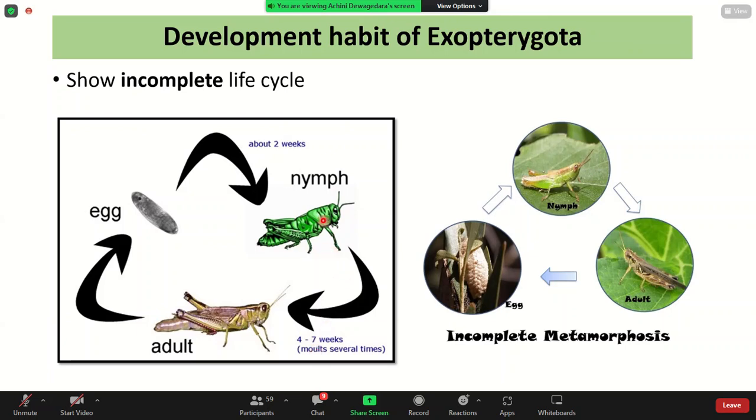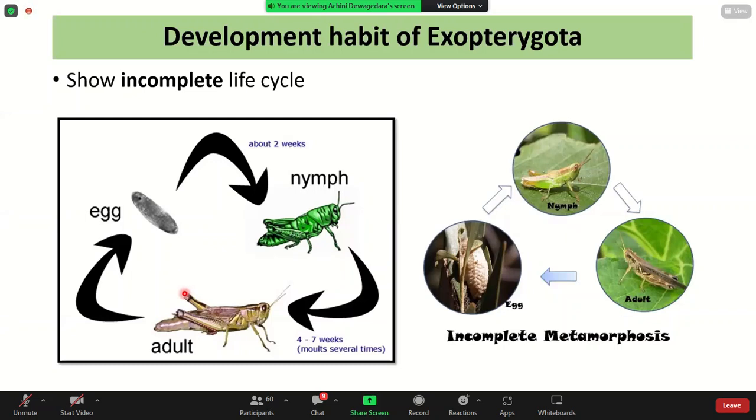So from 4 weeks to 7 weeks, they take some time to develop into adults. During this time, they have to molt several times to become the adult. To reach adult size, they have to molt 3 to 4 times. They have to shed their older exoskeleton and develop a new one to increase the body size and develop further.